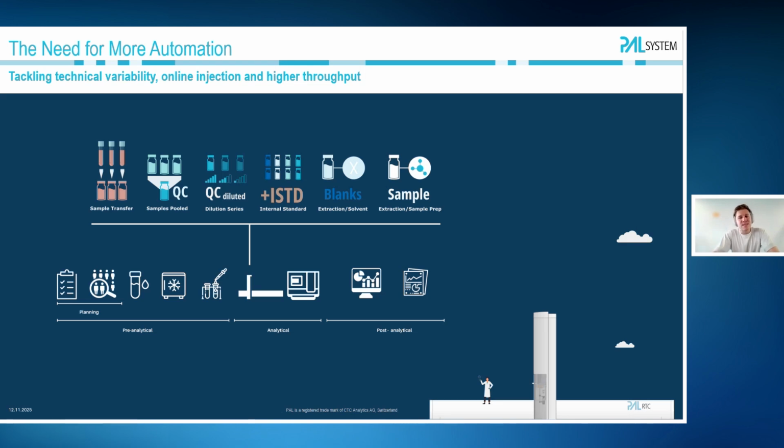Every single one of these steps is a source of potential human error, a slight variation in pipetting, timing, or mixing, some sort of misplacing, or forgetting to add something, or adding too much. I think these are all aspects that we know. Here, platforms like the PAL system can help with every aspect that we just mentioned, while also taking care of the online injection into your LC or GC.